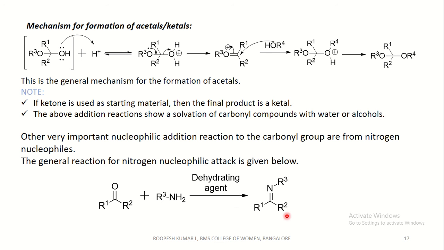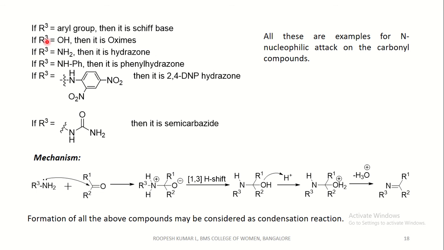We get the corresponding imine derivative. If R3 is an aryl group, then it is a Schiff base. If R3 is a hydroxy group, then it is an oxime. If R3 is an amine, then it is a hydrazone. If R3 is NHPh, that is an aniline derivative, then it is a phenylhydrazone. If R3 is a 2,4-DNP derivative, then it is a 2,4-DNP hydrazone.